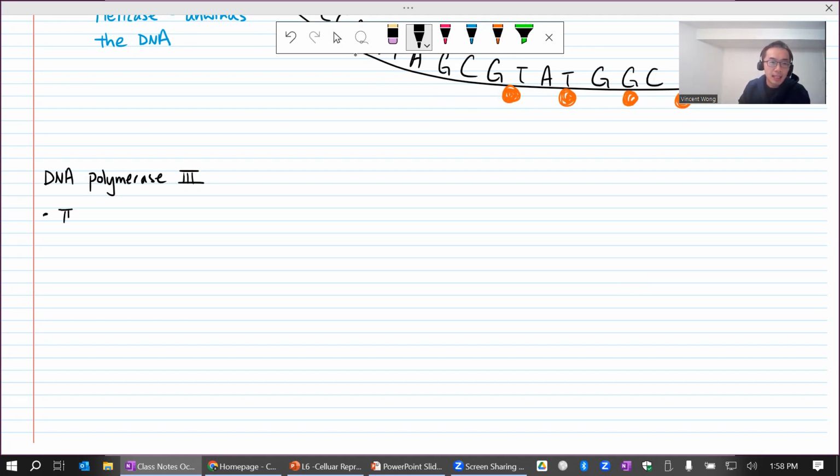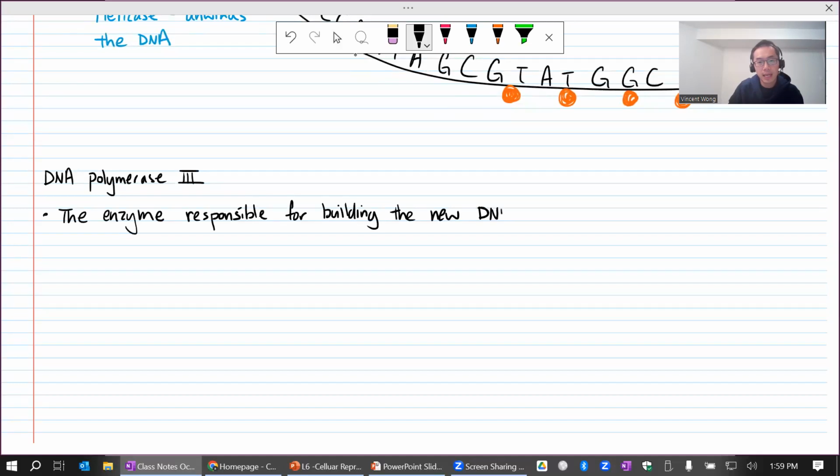So this is the enzyme responsible for building the new DNA strand. This is an enzyme that builds DNA polymer, right? DNA polymerase.